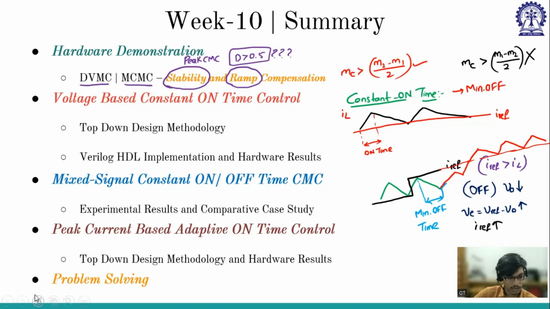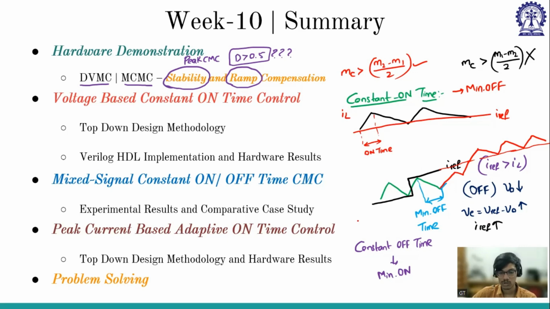And similarly, in the case of constant off time, we have minimum on time. So in such a scenario where I reference is greater than IL, the loop will keep on continuing, because I reference will keep on increasing and IL will keep on decreasing. So it will not hit, it will always lie below I reference.